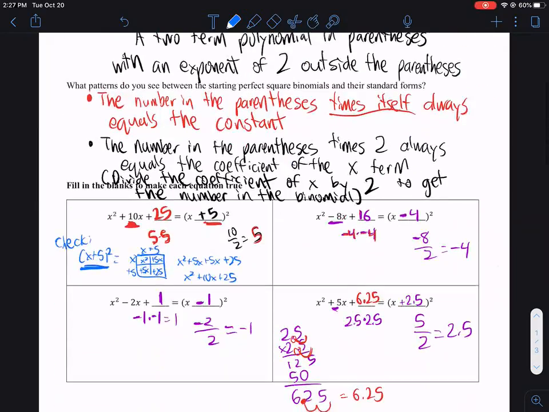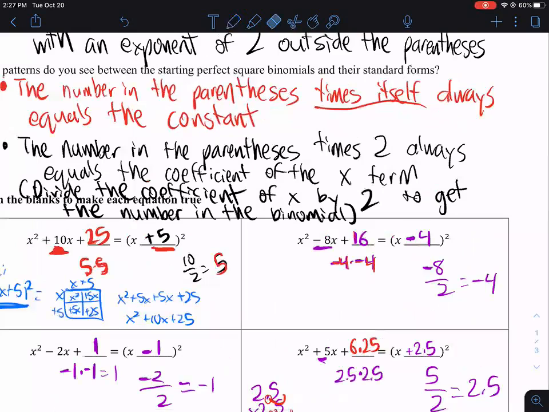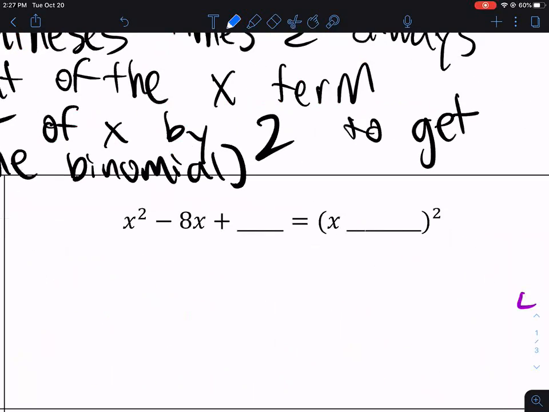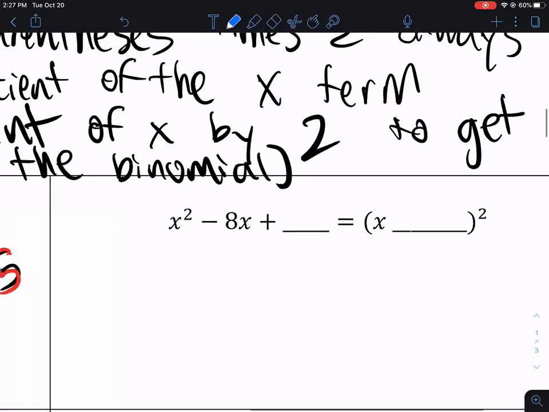All right, so if we look back at this problem, let me erase some of the work. This is basically what we're trying to do on the next page, right? So if we pretend that instead of being sideways, I wrote it down here.